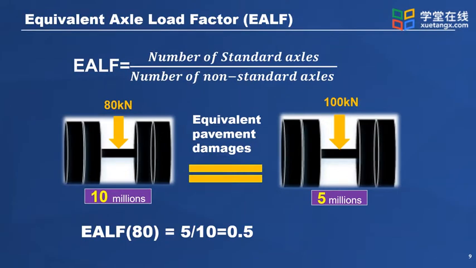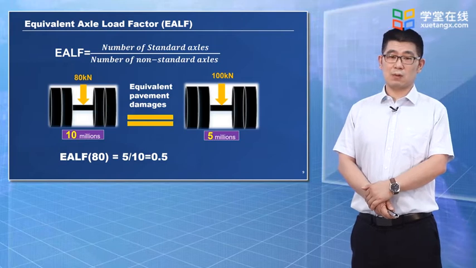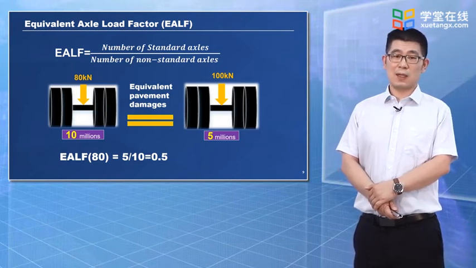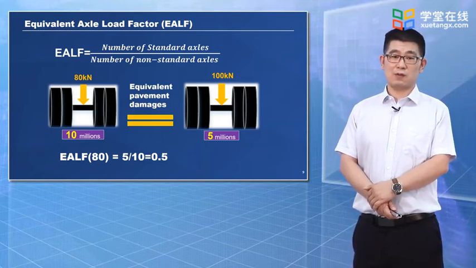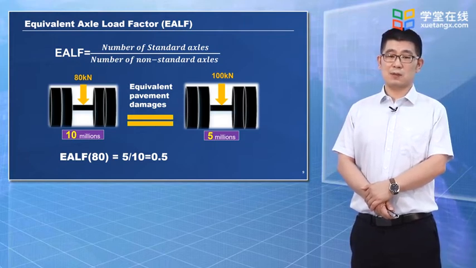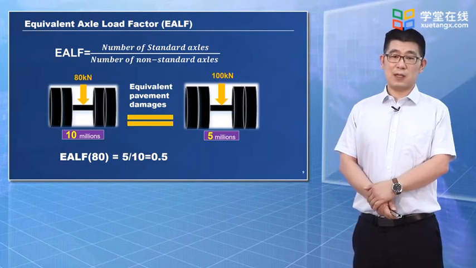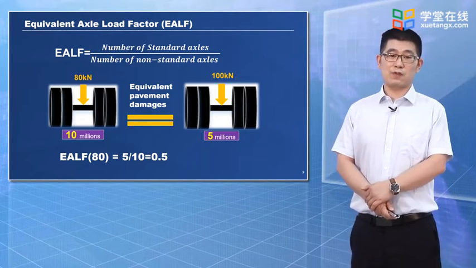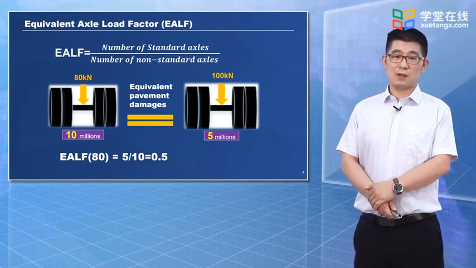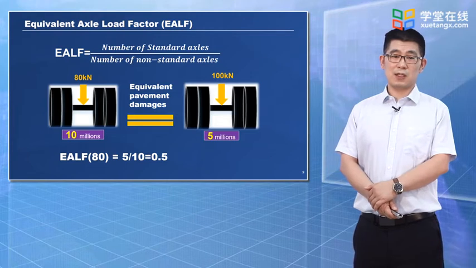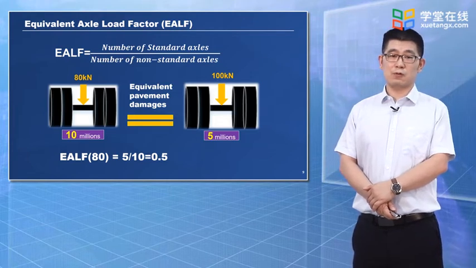For instance, the number of non-standard axles of 80 kilonewton is 10 million, while the number of standard axles is 5 million. ELF of 80 kilonewton is 5 divided by 10, equal to 0.5. Through analyzing a lot of road testing data with similar weights and equivalent models, ELF models could be developed.